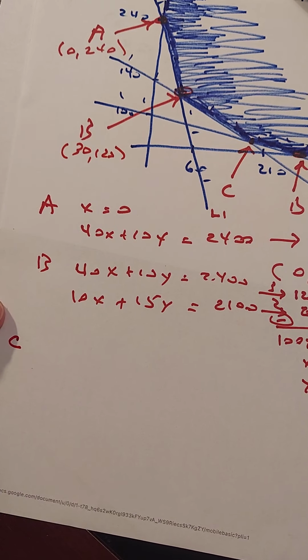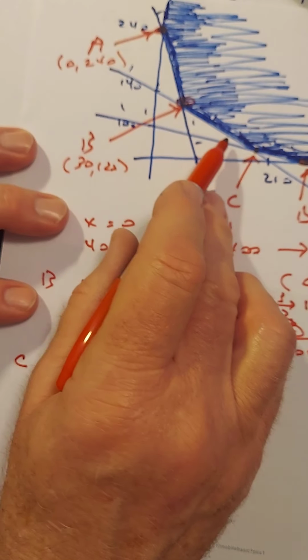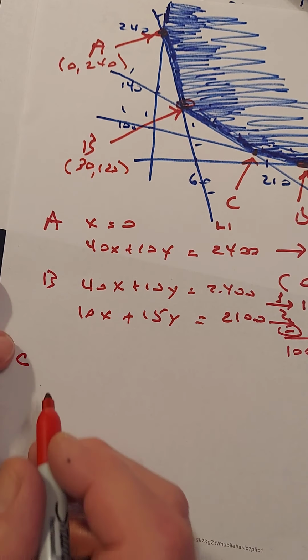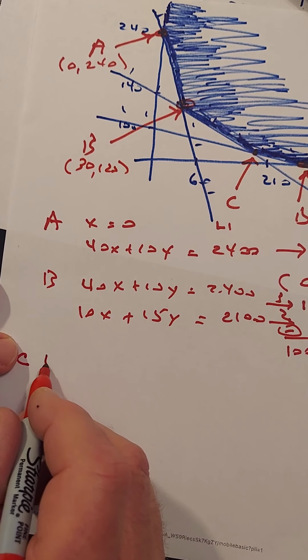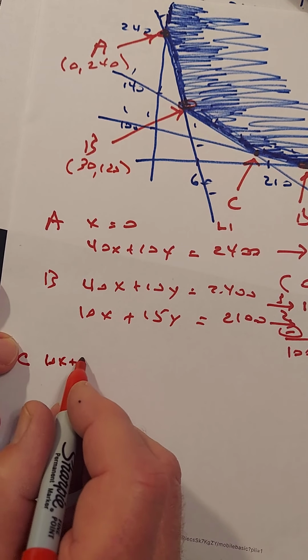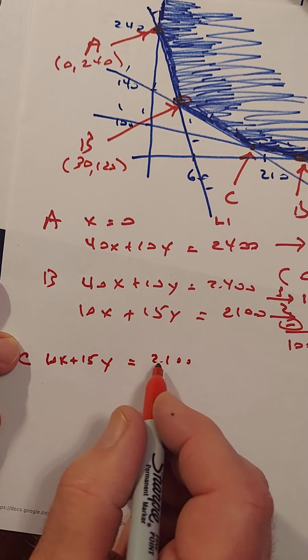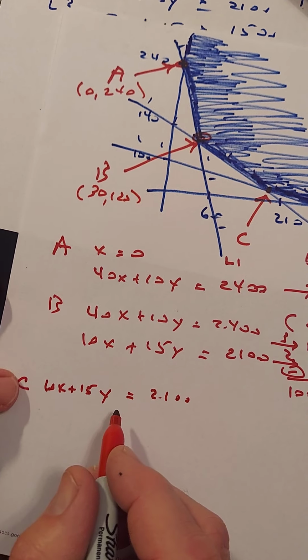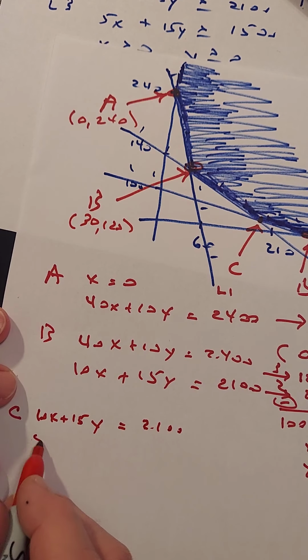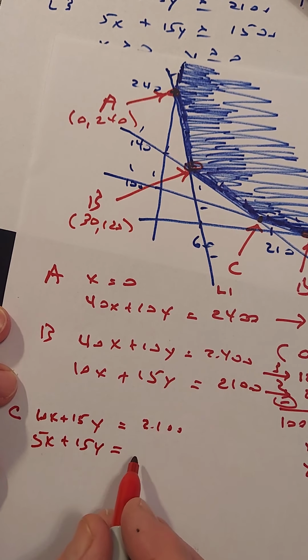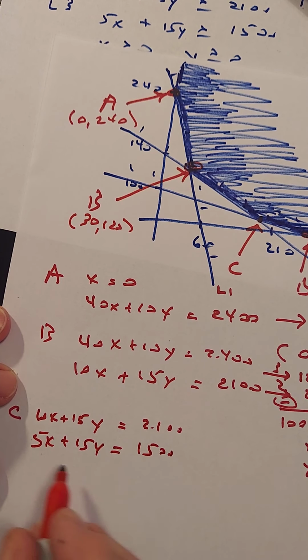Point C is the intersection of this line, which is L2, and this line, which is L3. L2 was 10x plus 15y equals 2100, and L3 was 5x plus 15y equals 1500. Oh, this will be easier.